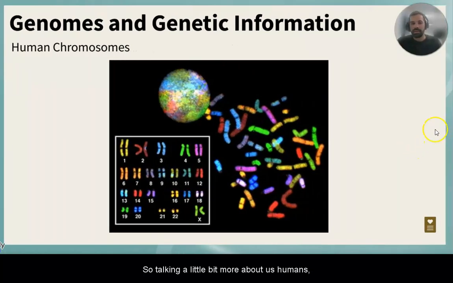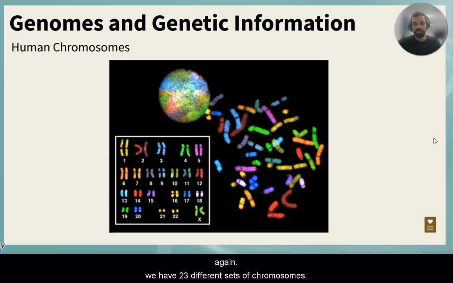So talking a little bit more about us humans, again, we have 23 different sets of chromosomes. Typically, these are diploid chromosomes in most of our body cells.